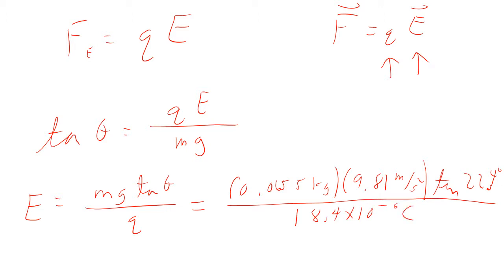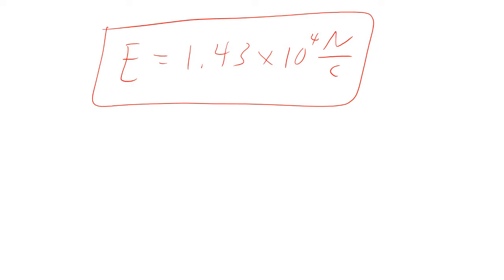And so that gives a final answer of E equals 1.43 times 10 to the 4th newtons per coulomb. Okay, so there we have an example. That's our first example here of just a mass hanging on a string.